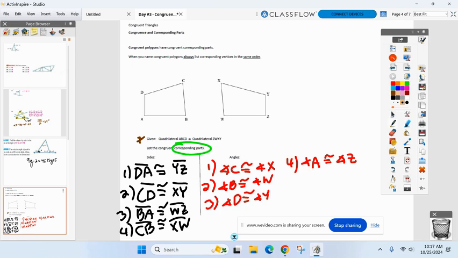How did I know that they matched up the correct sides and angles? You want to know my secret? I didn't need the diagram. You know what I looked at? I looked at this right here. That's called a congruent statement.